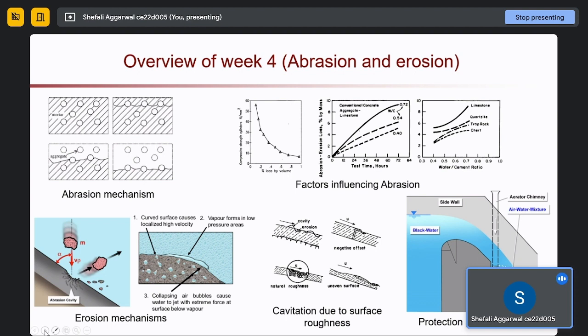This type of defect we will especially see in concrete structures under water, like spillways, dams, weirs. In these types of structures we mostly see damage due to erosion. So what we do is create an aerator, and this aerator will suck the air throughout from that point and prevent erosion of the surface.